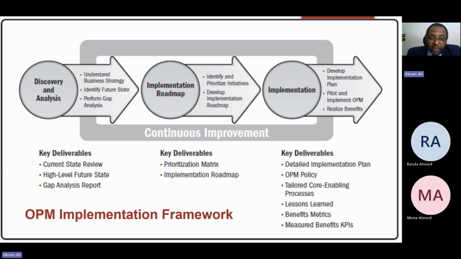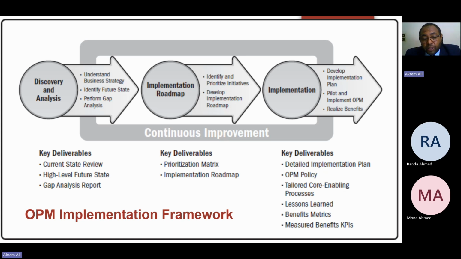As for discovery and analysis, it is about understanding the business strategy, identifying the future state, as well as performing gap analysis. And the key deliverables of this stage are current state review, high-level future state, as well as gap analysis report.